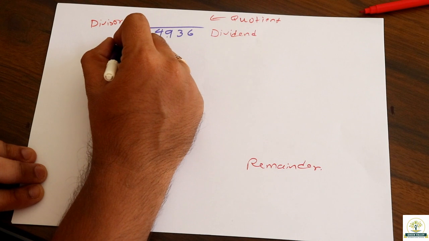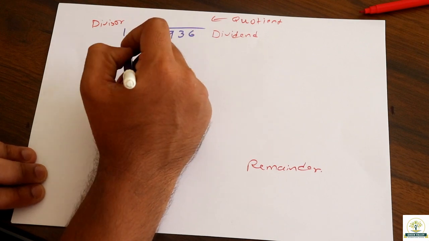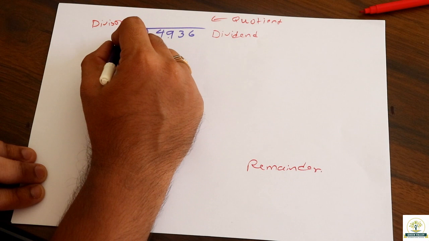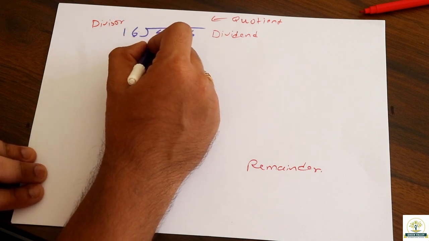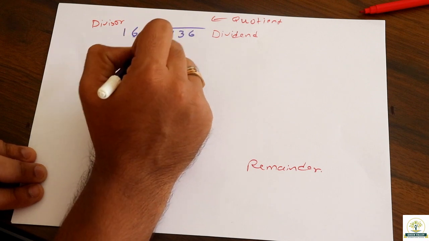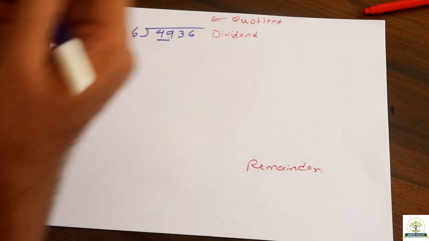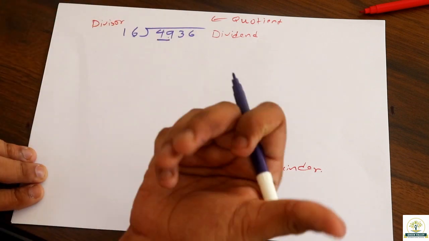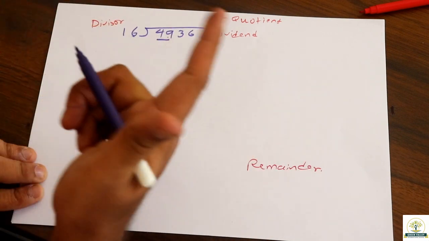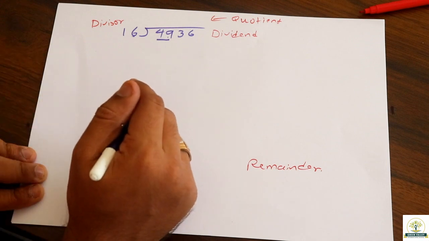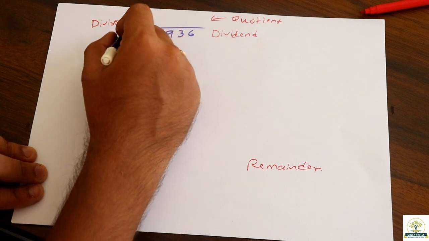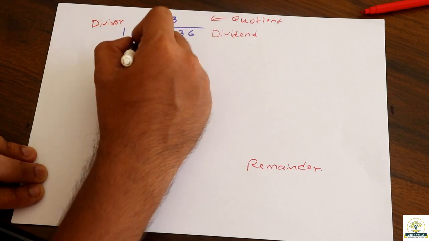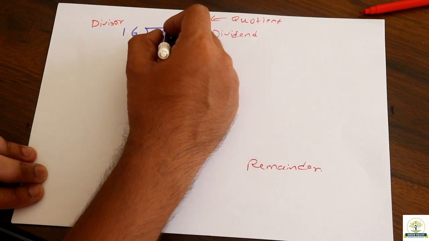Right now, because 16 is a 2-digit number, 49 is also 2-digit. So we will find the number which is less than or equal to 49 and comes in the table of 16. If you count the table, 16 ones are 16, 16 twos are 32, 16 threes are 48.